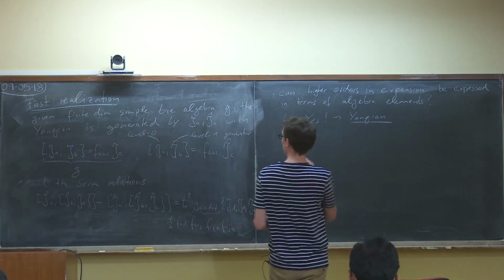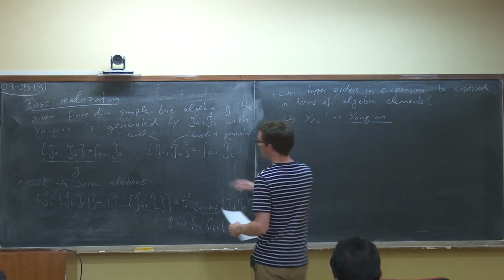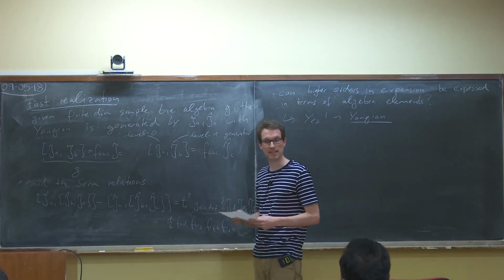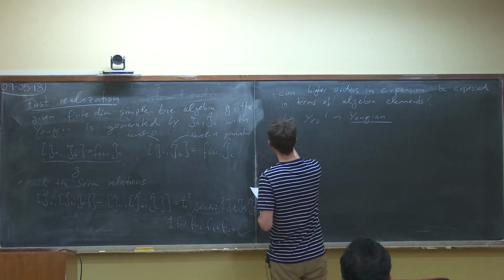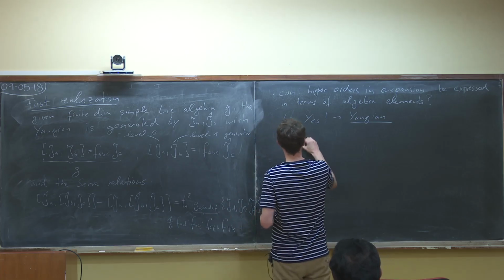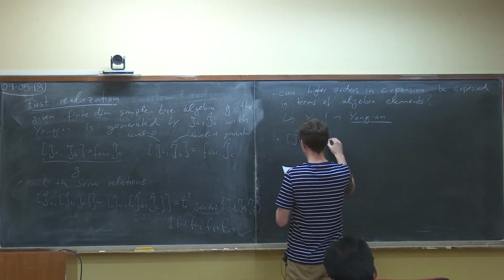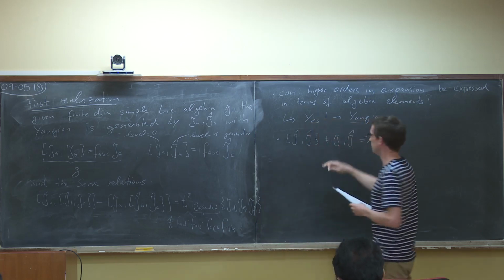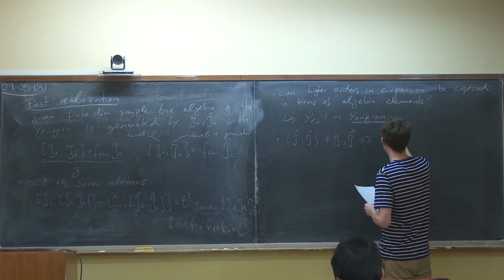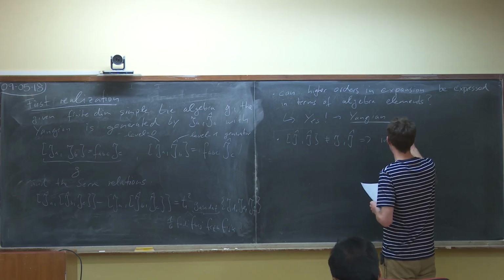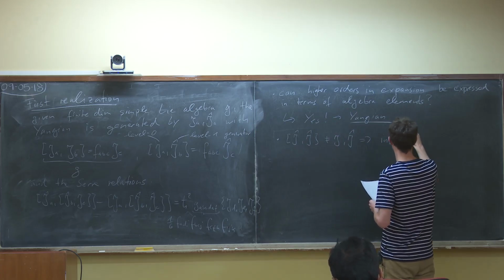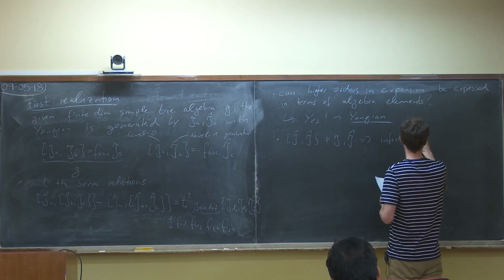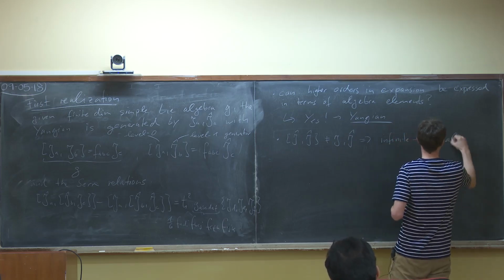The point is we only have 2 different sets of generators, but if I commute J hat with J hat, then this is neither J nor J hat. So I generate a new level, which means that I get an infinite dimensional algebra.